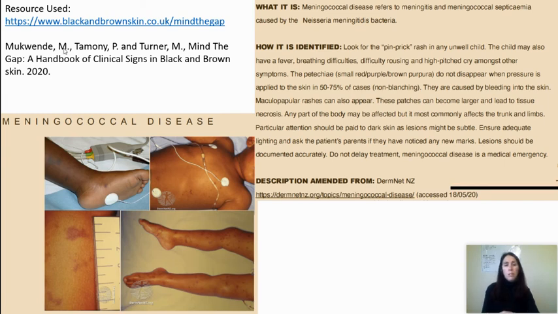And you will notice that whenever you look in books, all of the rashes seem to be on white skin. But guess what? It doesn't just happen to white people. So anyway, here are some images of meningitis rash on brown and black skin.